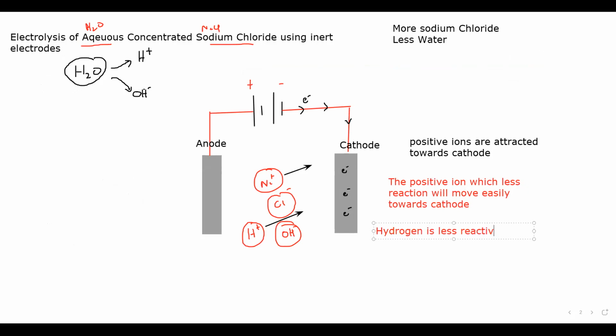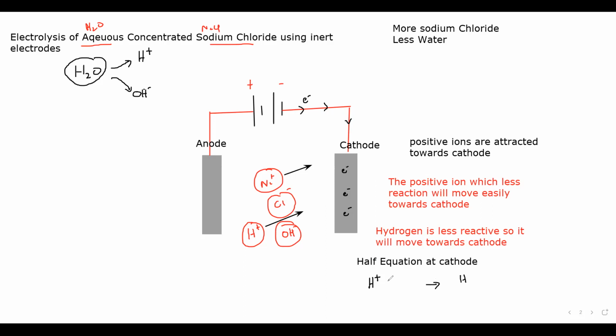So it will move towards the cathode. And now what will be the equation for hydrogen? The equation at the cathode, the half equation. As hydrogen ions move there, they will turn into hydrogen atoms.